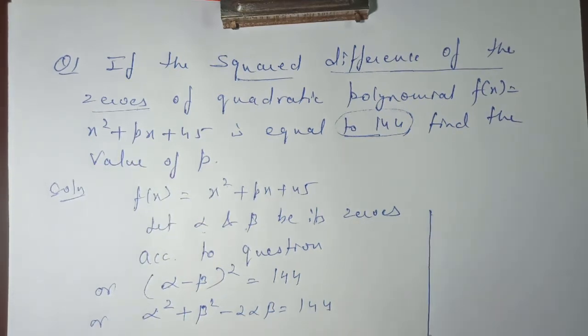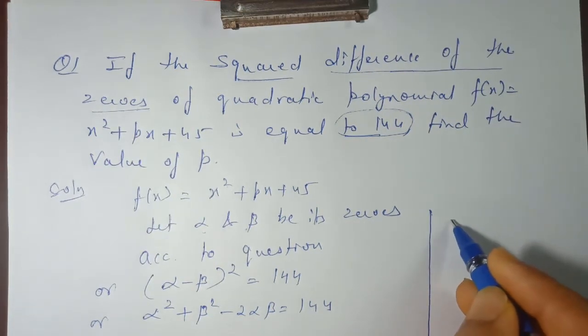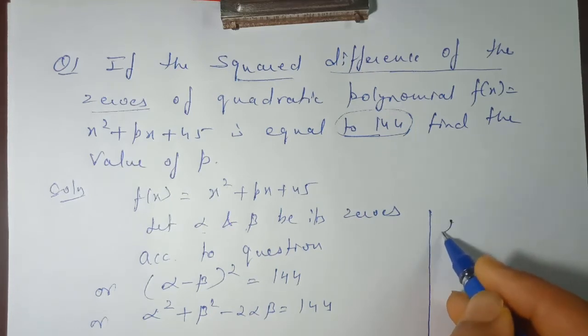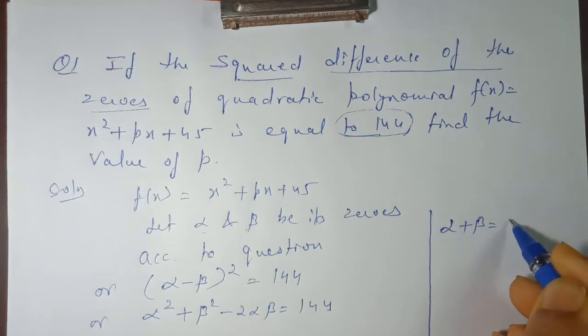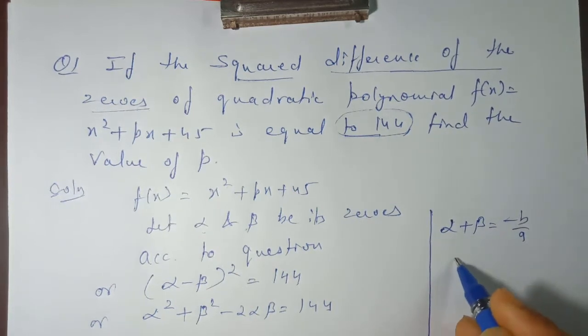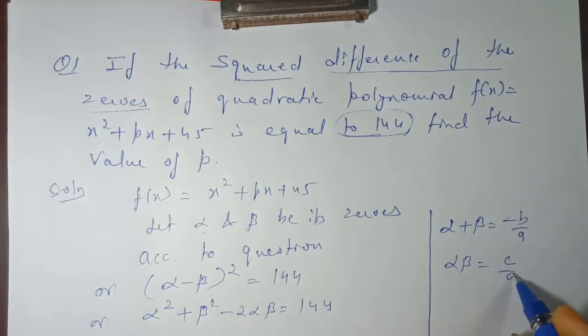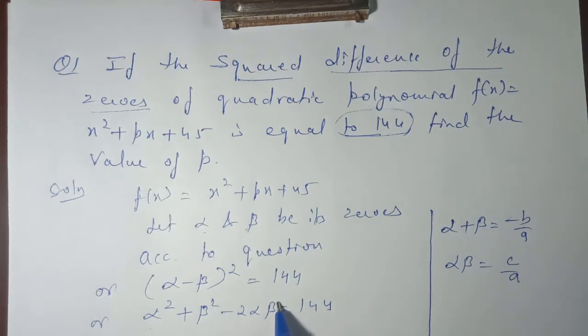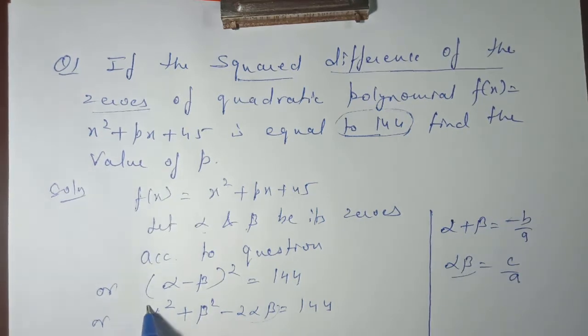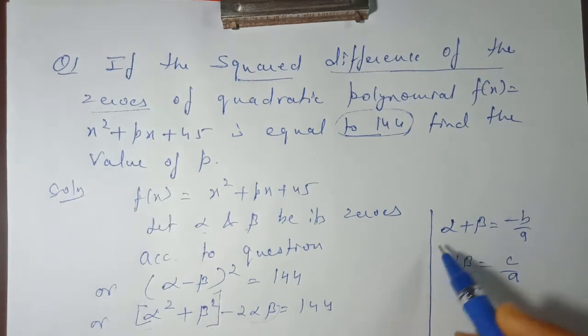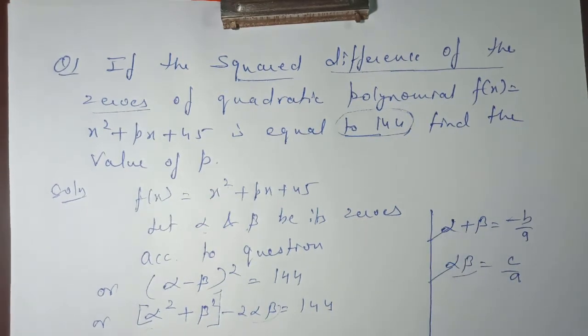Before solving, we have learned the relation between the zeros and the coefficients: alpha + beta = -b/a and alpha beta = c/a. In these relations we don't have alpha² + beta², so first we have to change this condition into the form of these two. How can it be done?